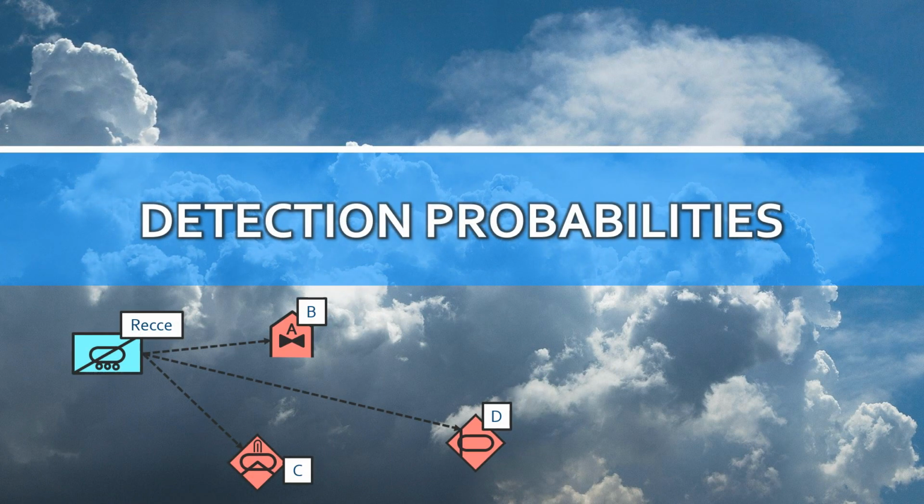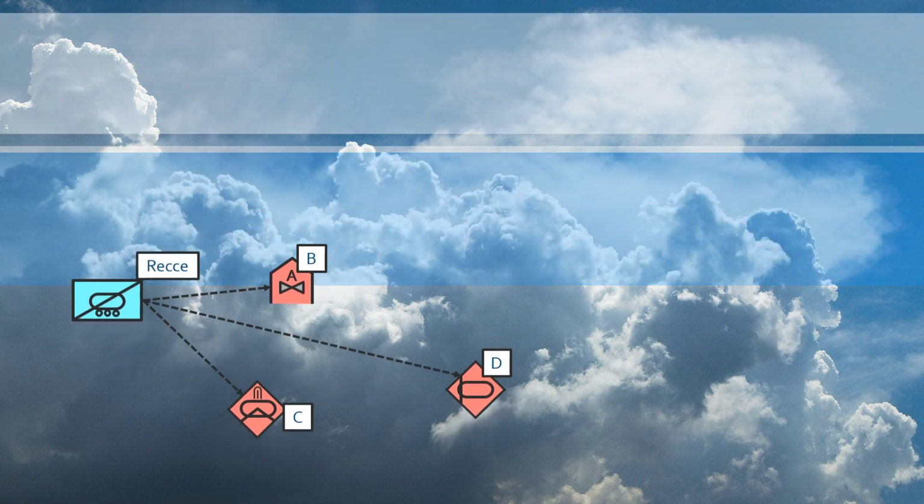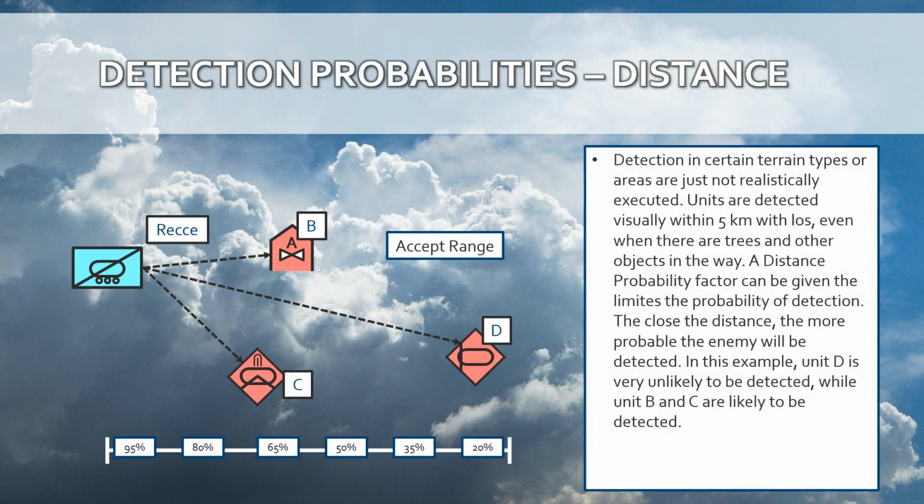So as I said, detection off the shelf is very sharp, I would say. I mean, wreckers are able to detect units within seconds that are 5 kilometers away, and I don't think this is realistic. So the first thing is, depending on how far the detected unit is from the wrecker, the accept probability would change, right?